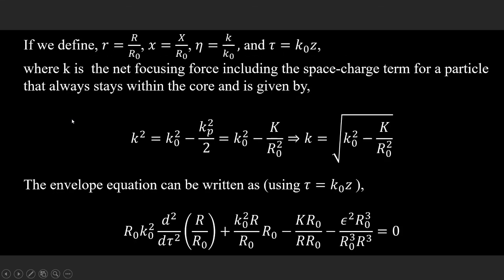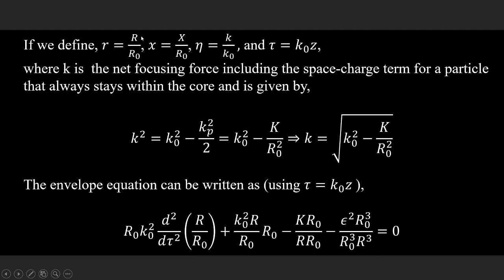Now in the next step, we would like to define certain parameters in order to make our equations dimensionless. So to start with, we'll define small r, that is equal to capital R over r naught. This r naught is my matched beam radius. This r denotes the initial mismatch, and we'll be looking at oscillation of this r along the lattice.